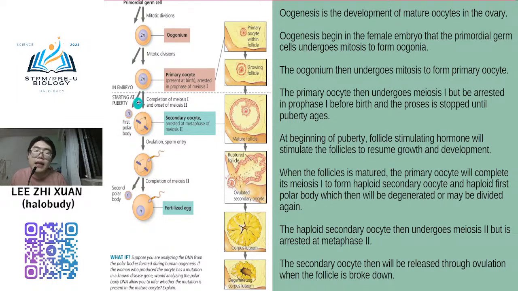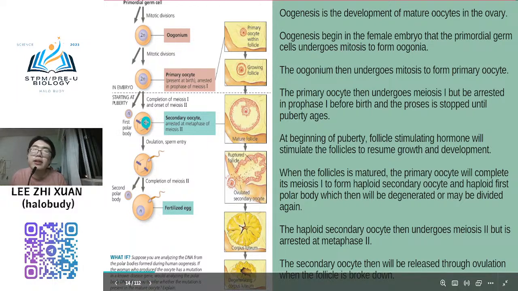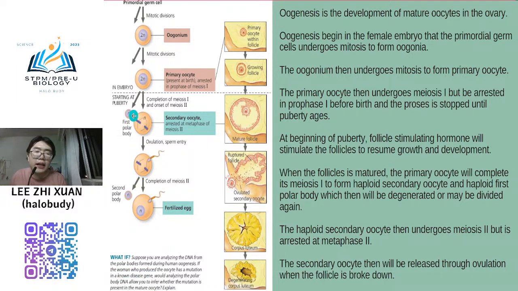So that is why in female there is only one ovum at once, not like the male, which can produce two. So after that, the secondary oocyte will wait for fertilization or not.